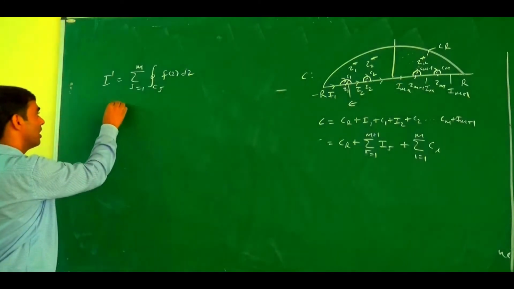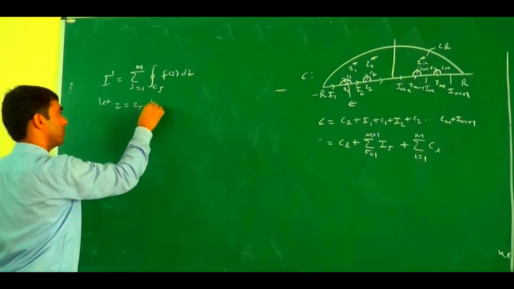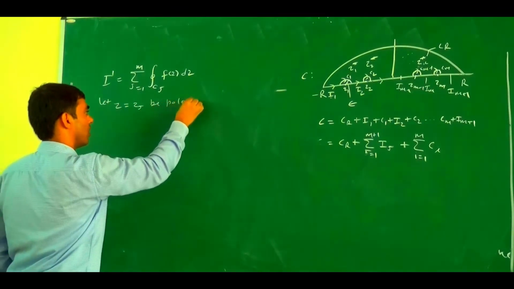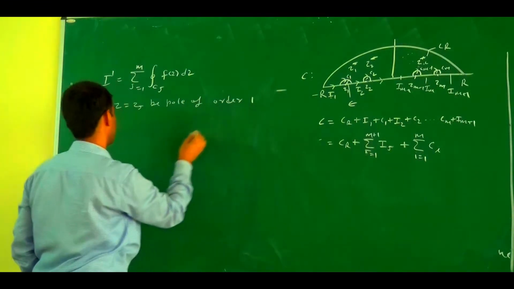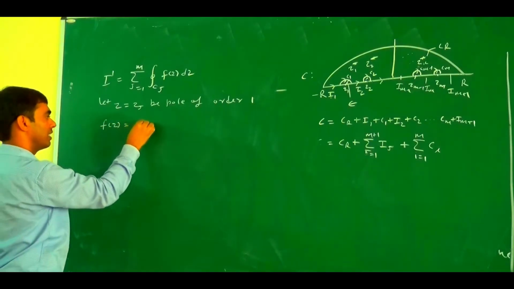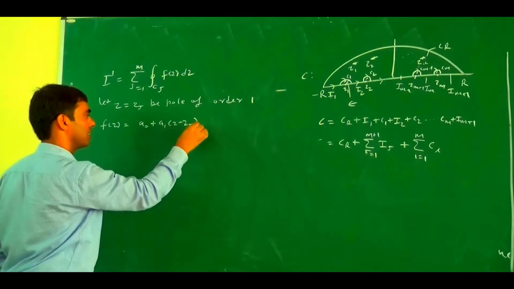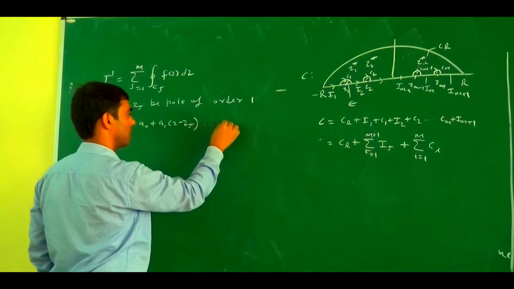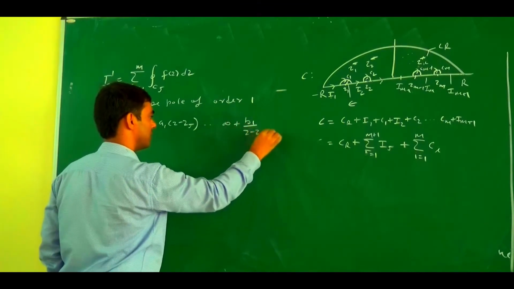So let z equal zj be a pole of order 1. Then f(z) can be written as a0 plus a1 (z minus zj), up to an infinite number of terms, plus b1 upon (z minus zj).